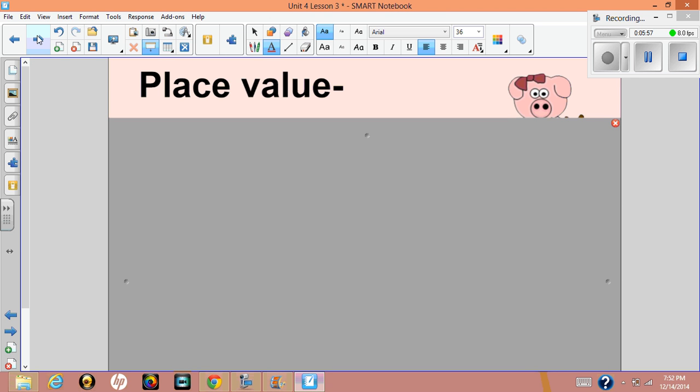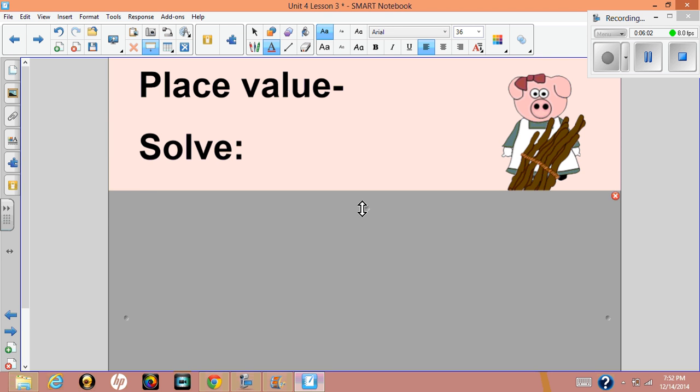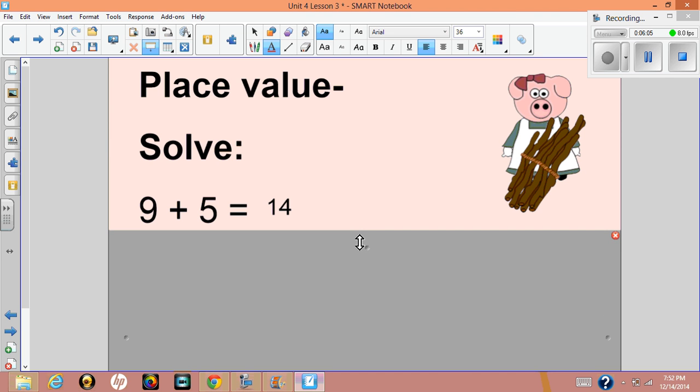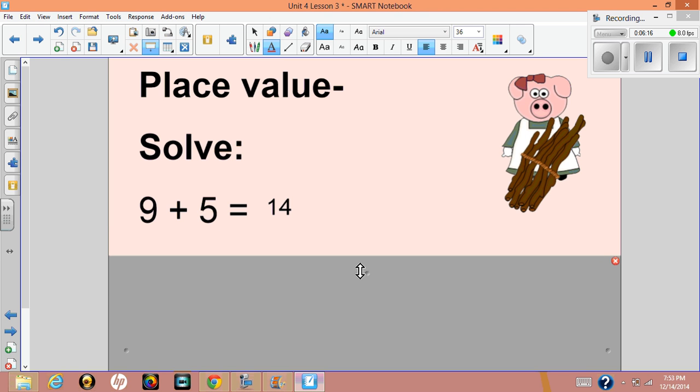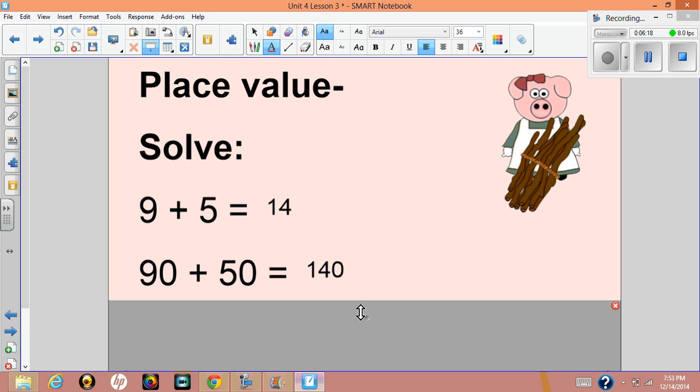Let's look at the place value of these equations. So let's look at first 9 plus 5. Pretty simple. 2 single-digit numbers equal 14. Now let's look at 90 plus 50. Now these are two numbers that we can solve simply by adding our two numbers in the tens column and adding a 0.